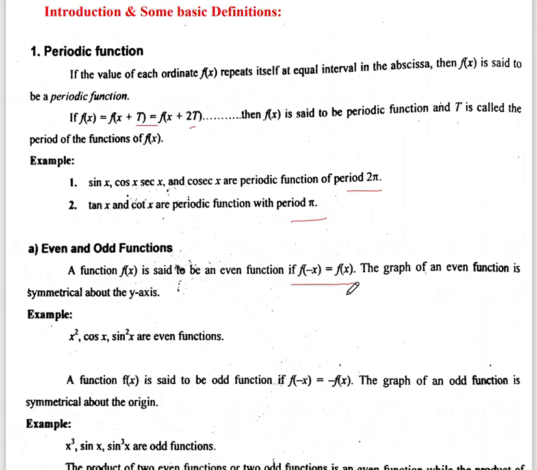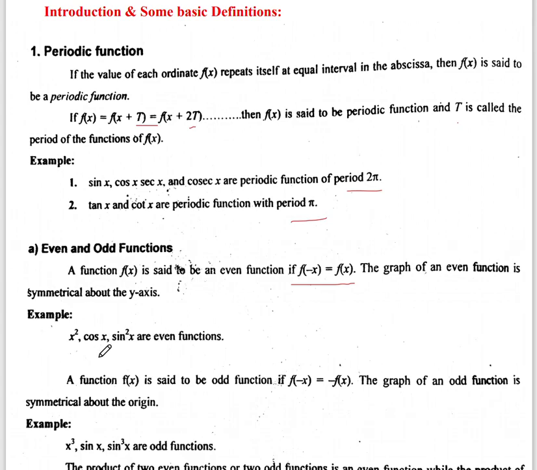If you replace x with minus x and you get the same function f of x, then that function is called an even function. The graph of an even function is symmetrical about the y-axis.